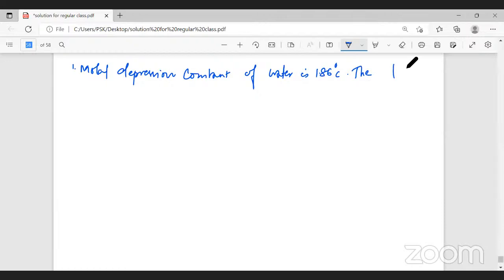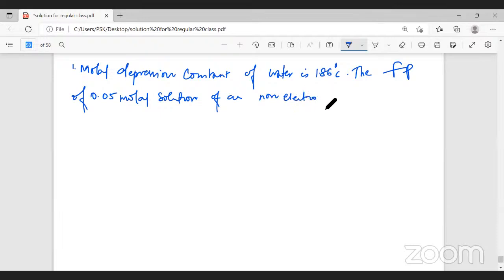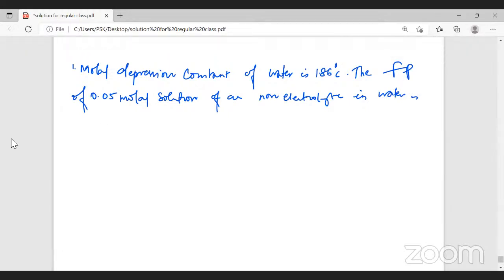The freezing point of a 0.05 molar solution of a non-electrolyte in water is. Now they're asking, the molar depression constant of water is 1.86 degrees Celsius, the freezing point of a 0.05 molar solution.